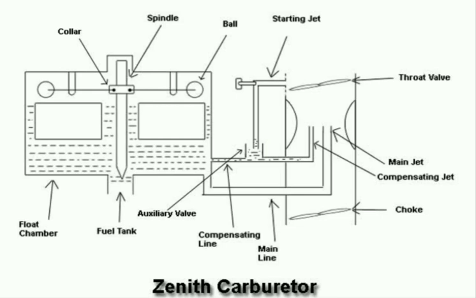When the fuel in the chamber decreases, the two floats come down and the two balls also come down with them. As the ball and the spindle are connected like a seesaw, when the ball comes down, the spindle comes up and the fuel passage to the fuel chamber is unblocked.